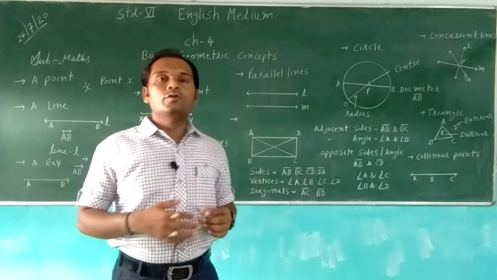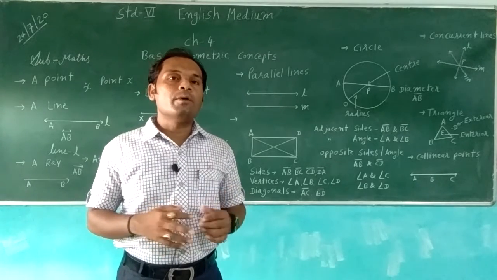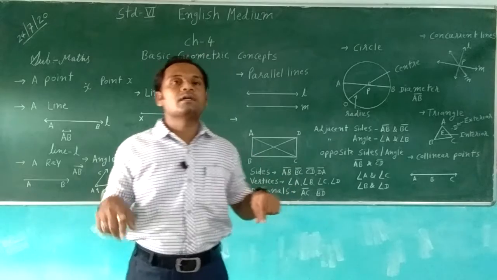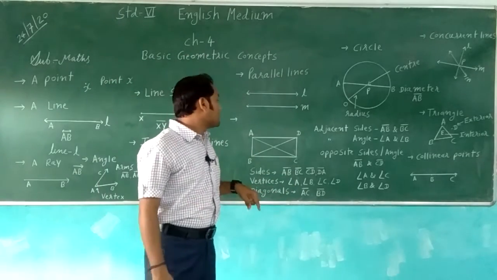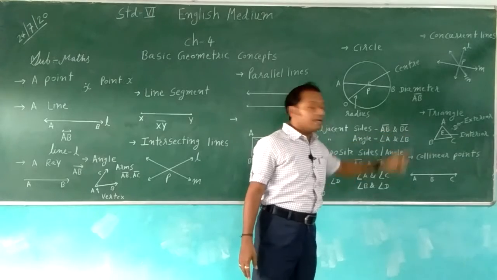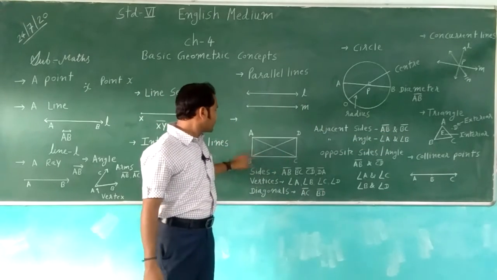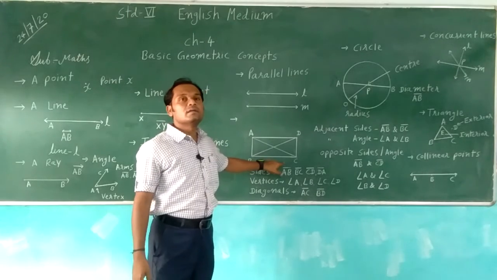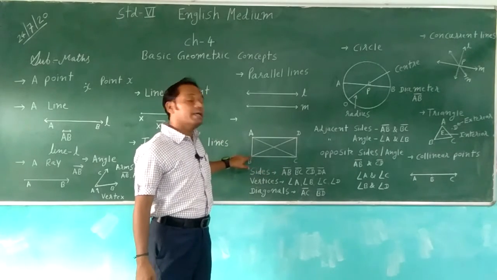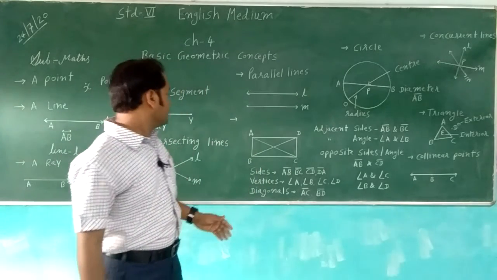In short, you need to remember, if both sides have one common endpoint, then both sides are called adjacent sides. Here I have written just one, AB and BC. Both have one common endpoint B, so they are called adjacent sides.